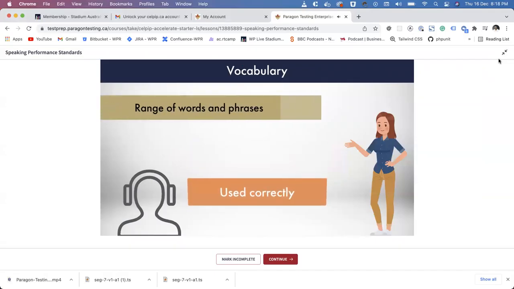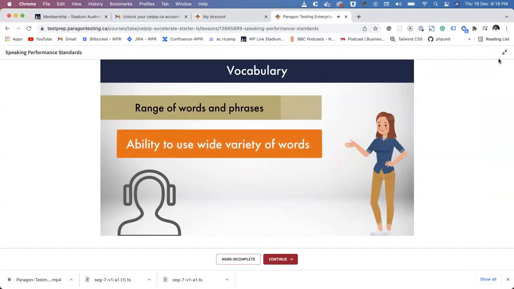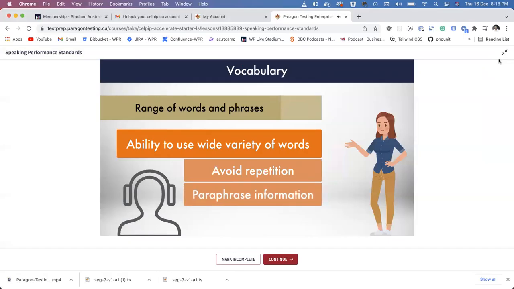The third factor, range of words and phrases, concerns your ability to use a wide variety of words. Some strategies you can use here are to avoid repeating the same words or phrases over and over. Paraphrase information from the question instead of copying it, and expand on the content of the question with specific descriptive details.